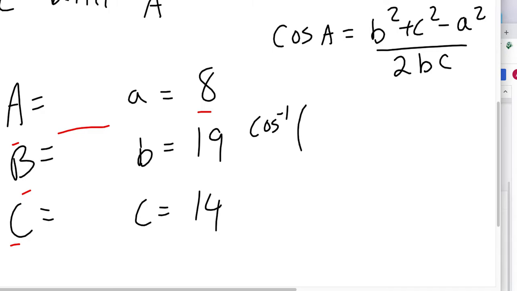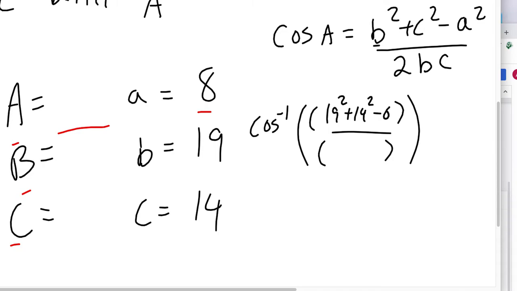Okay, make sure you put this into your calculator properly. You got to put the top in parentheses and the bottom in parentheses, or you can do what I'm about to show you here in the calculator. So b squared would be 19 squared plus c squared minus 8 squared divided by 2 times 19 times 14.